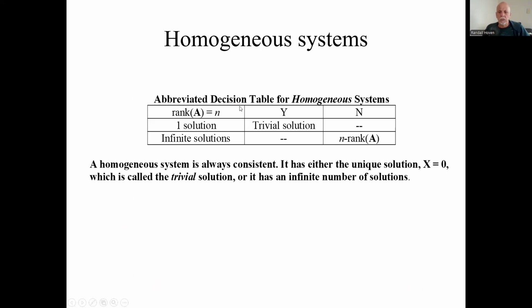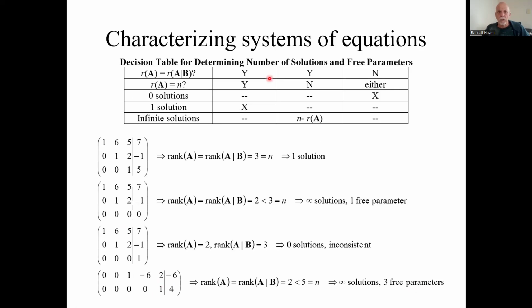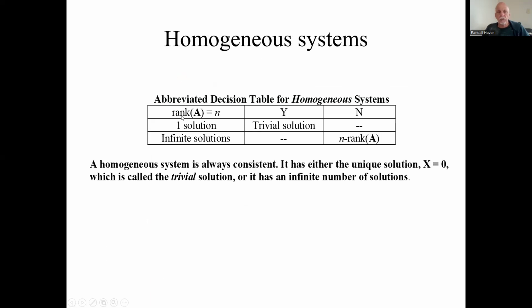Now say you've got a homogeneous system. This chart simplifies because this is always going to be true. If B is all zeros, this is always going to be true. So we have a reduced decision matrix. Is it full rank? If yes, you're going to get the trivial solution, which means x equals 0.